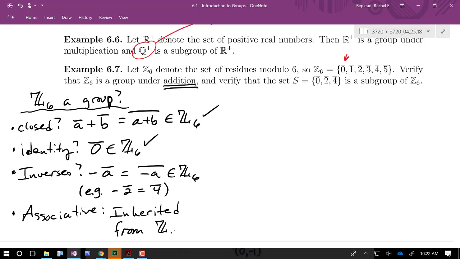But I think of this as a nicer, more general proof because this would hold for any value. This same argument works for Z10 or Z13 or Z whatever, and I don't have to keep making addition tables. So now what we're going to do is verify that this subset, which consists only of the elements 0, 2, 4 out of Z6, is in fact a subgroup.